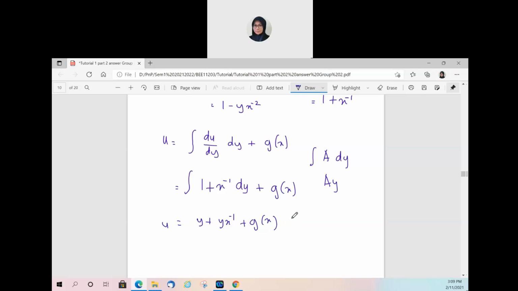Okay, so now kita want to find gx. To find gx, you have to differentiate these equations with respect to x. Then we have du over dx equals to, you differentiate y terhadap x. So what is your answer?